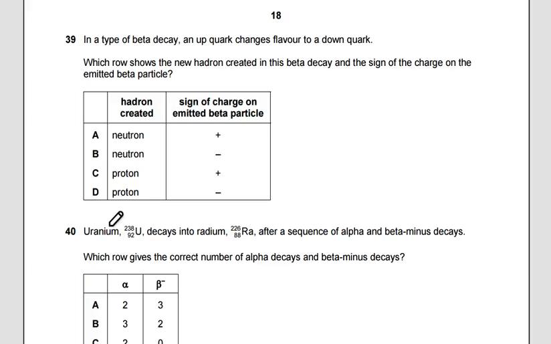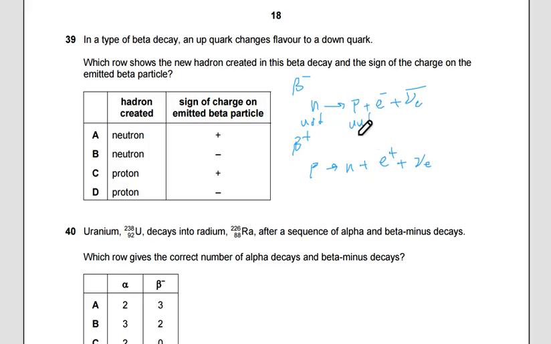Okay, for beta decay, we have either a neutron that transforms to a proton plus an electron plus an antineutrino. This is for beta negative decay. For beta positive decay, it is a proton to a neutron plus a positron plus an electron neutrino. Okay, in which of them do we have an up quark changing to down? For a neutron, it is up, down, down, and for a proton, it is up, up, down.